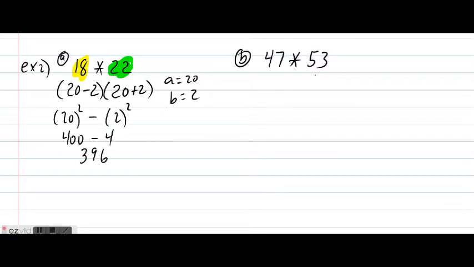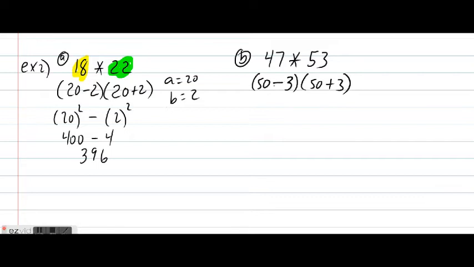All right. So 47. Do we agree 47 is 3 less than 50, while 53 is 3 more than 50? Alright, so then again we have this a minus b times a plus b.